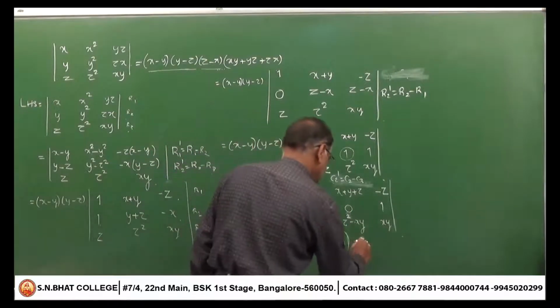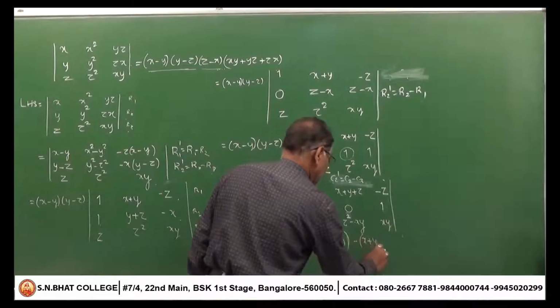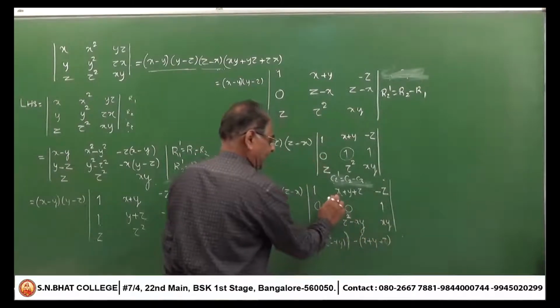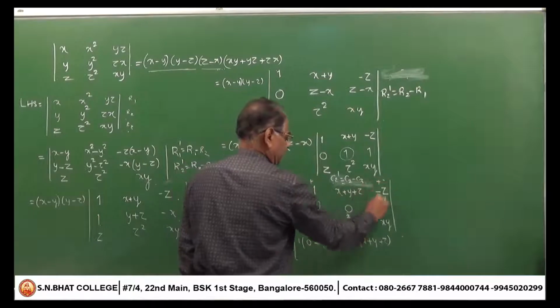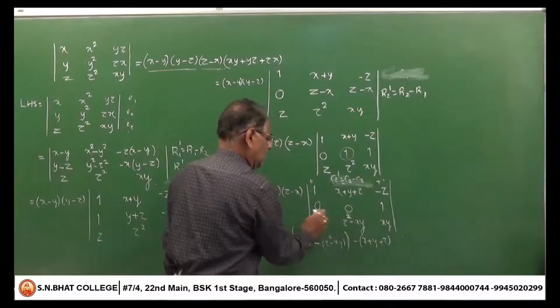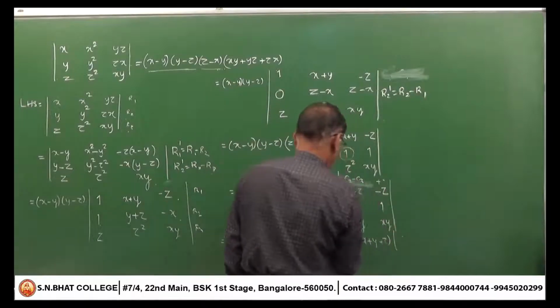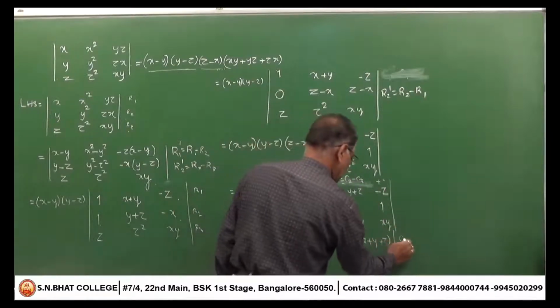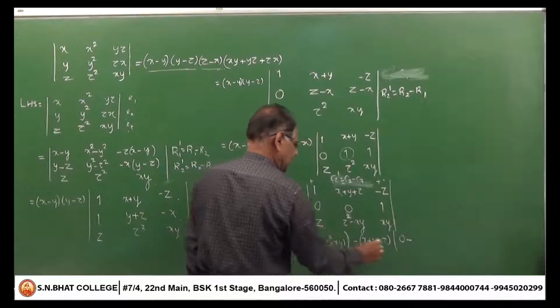Minus of X plus Y plus Z into, minus of plus minus plus, minus of, leave this row, this column, 0. This into this, 0. Minus this into this, Z.